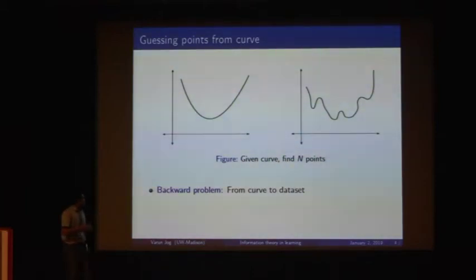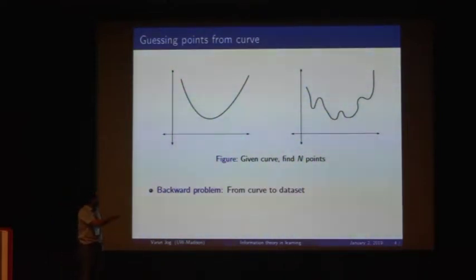This backward problem, which is trying to go from the curve to the data set, seems to be really hard here, because even if we know the algorithm that generated this curve, we know that the points are somewhere around this curve, but we don't know exactly where they were. We know that they seem to follow that quadratic pattern. So it's kind of a hard problem to solve here.